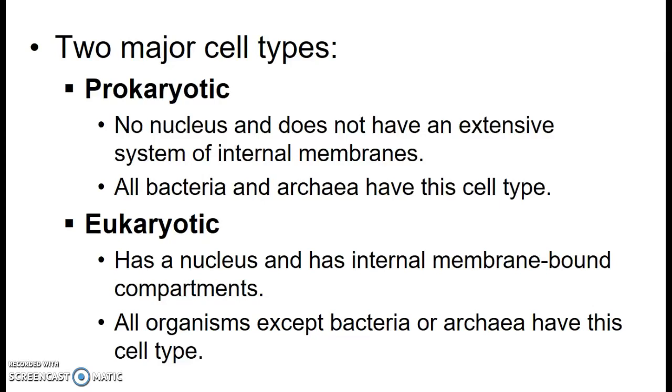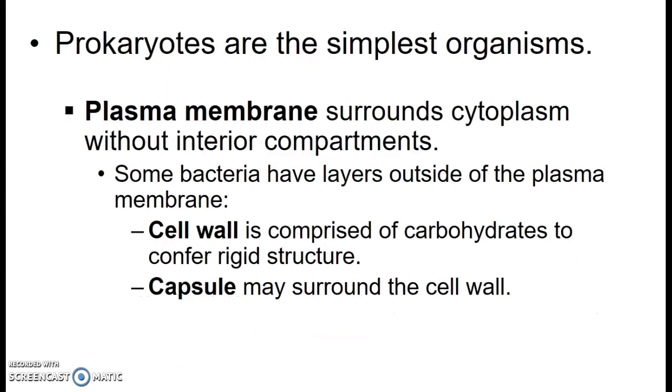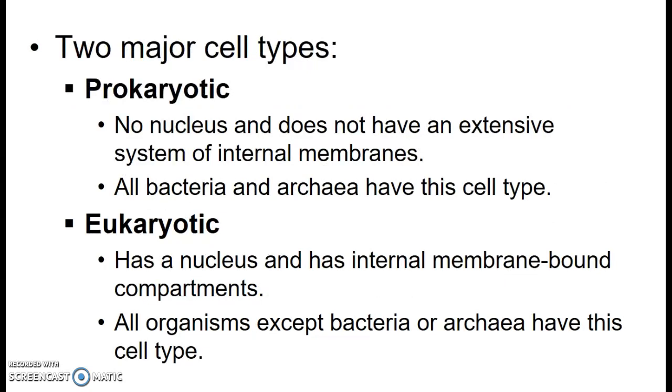The 2 domains that have prokaryotic cells are bacteria and archaea. And then the domain eukarya has all of the kingdoms that have eukaryotic cells. So plant, animal, and protists are in the domain eukarya.